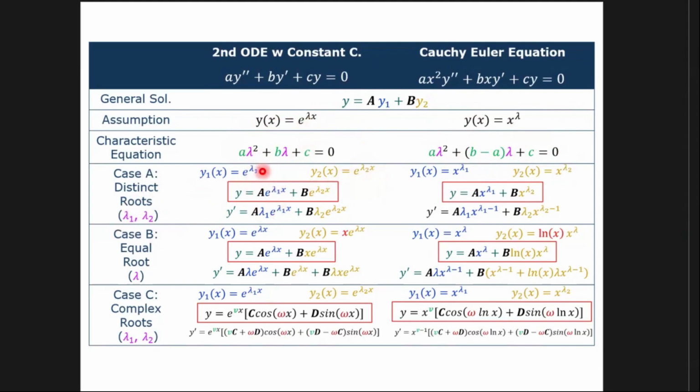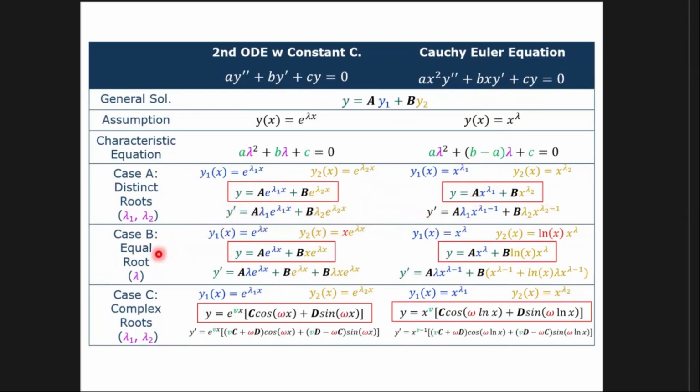After that, we substitute into the general solution, and we will get a general equation for case A. For the Euler-Cauchy equation, the difference is the y assumption, so we'll have a slightly different general solution for this case. Just for you to take note, this is the derived general solution.